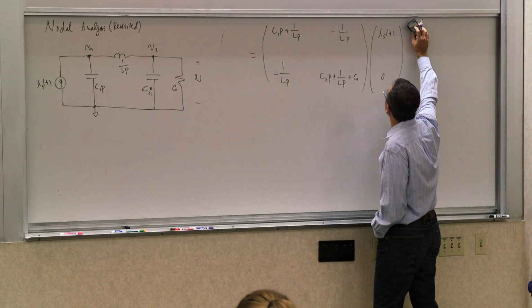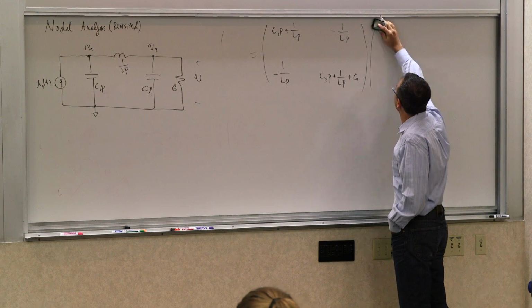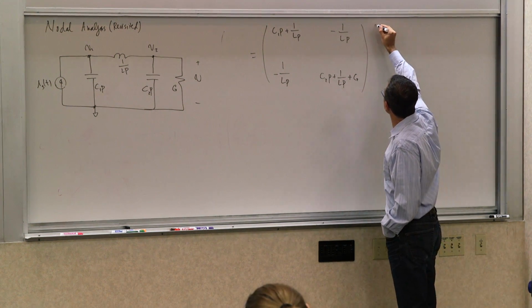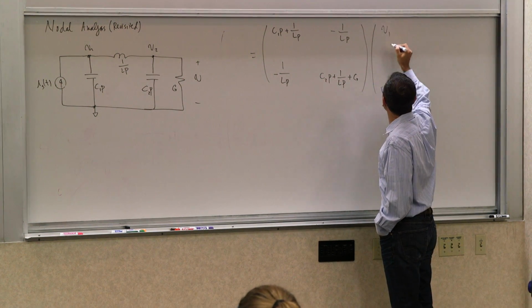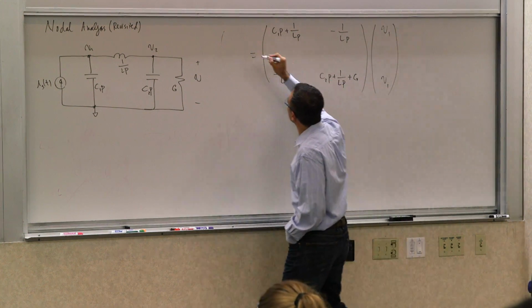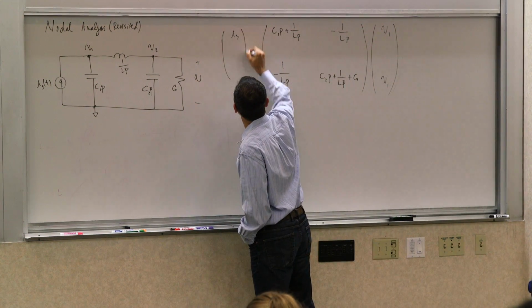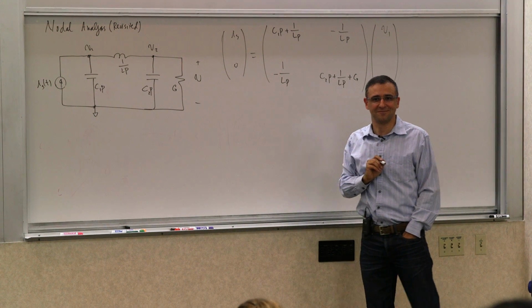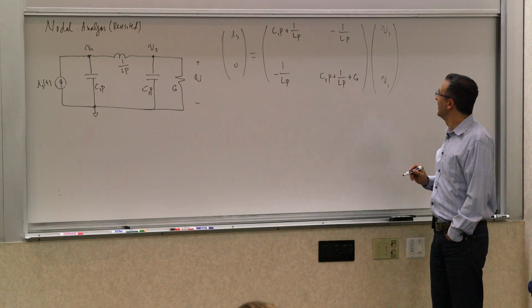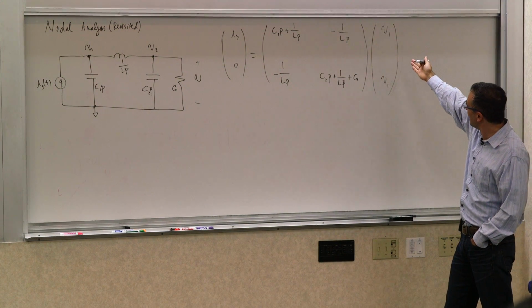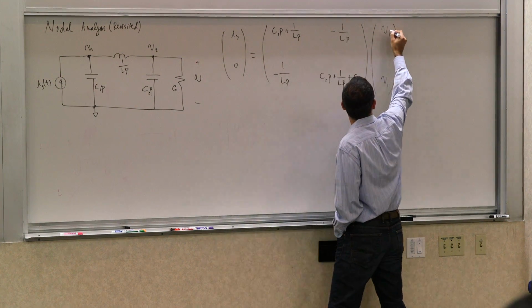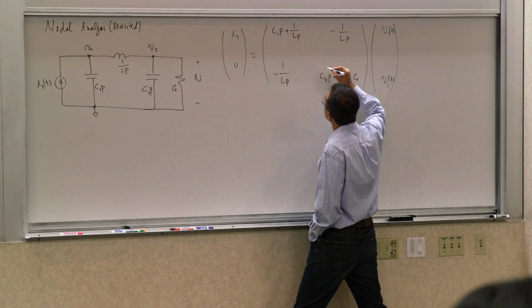Okay, so this is obviously applied to my matrix V1 and V2 to produce IS and 0. Yes, so obviously this is applied to the voltages to produce the currents. So it's applying to V of t here.